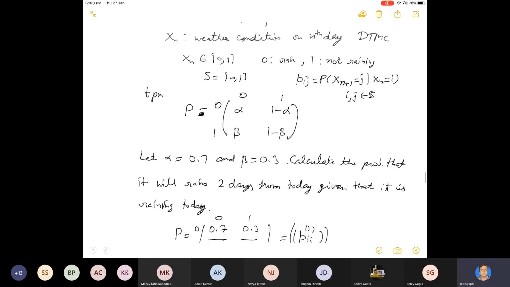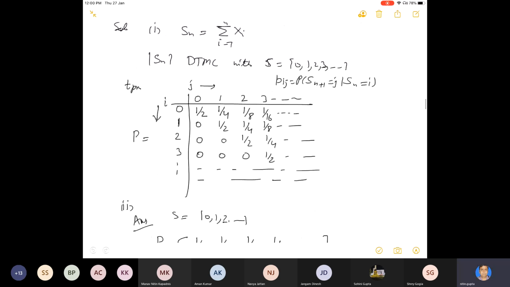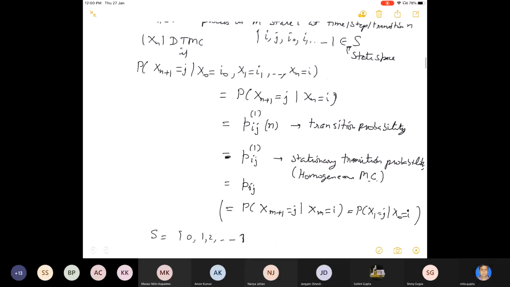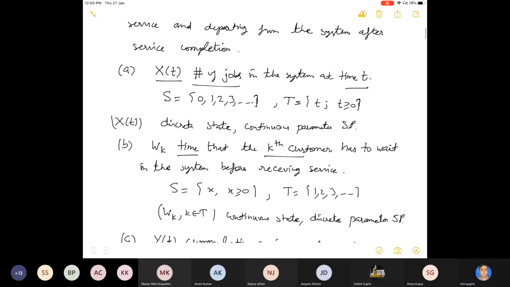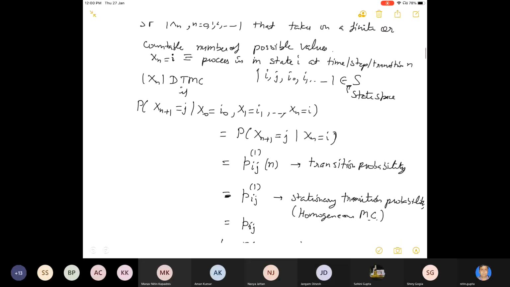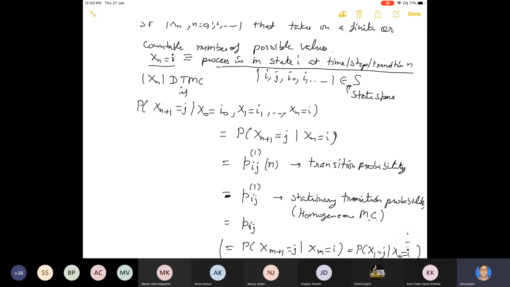So as we have seen, the definition of the Markov chain is that if Xn is equal to i, basically the process is in state i at time or step n, then the probability of the future given the present and the past does not depend on the past.